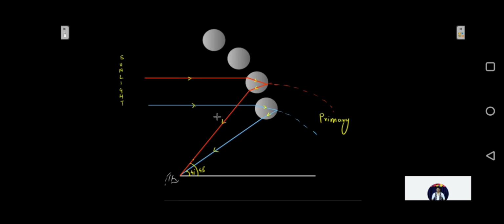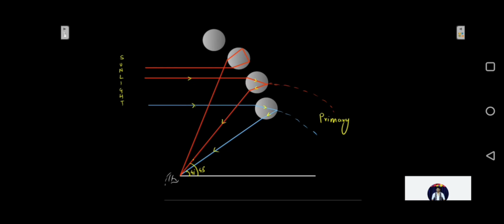We'll consider the ray of red light first falling on the raindrop like this. Here we know there will be 2 refractions and 2 internal reflections. First internal reflection, then a second internal reflection, and then another refraction, and this ray of light would come towards the observer like this.